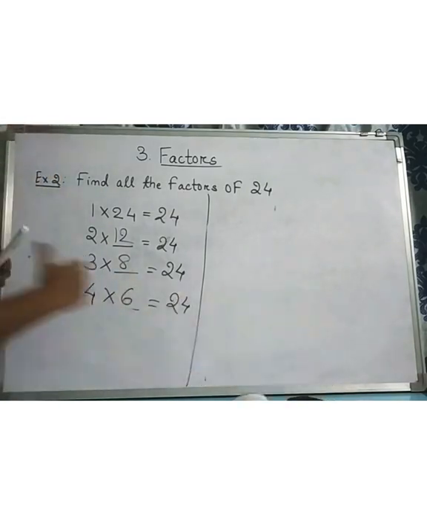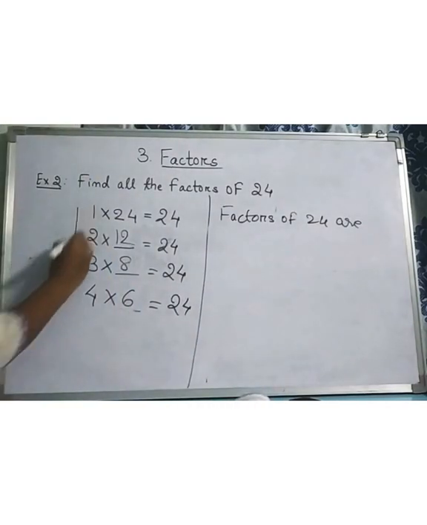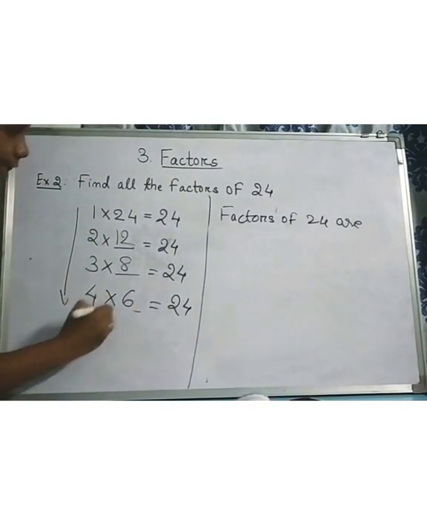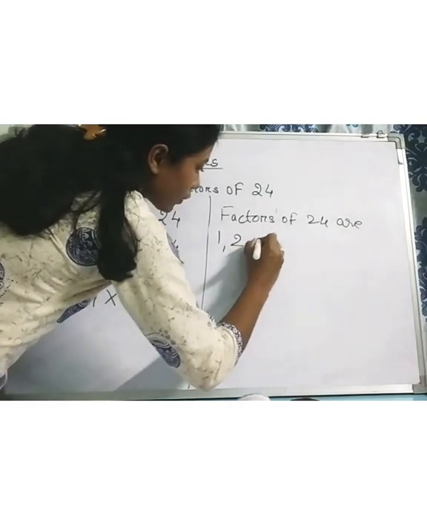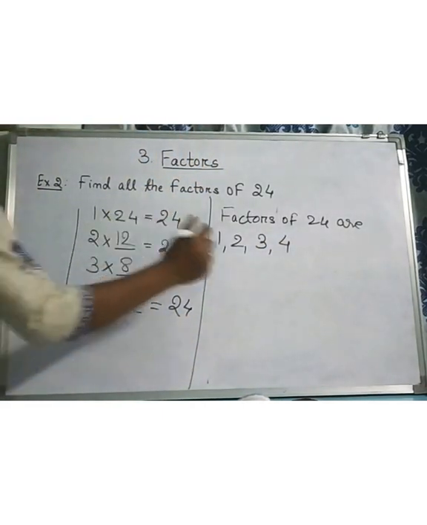So the factors of 24 are 1, 2, 3, 4, 6, 8, 12, 24.